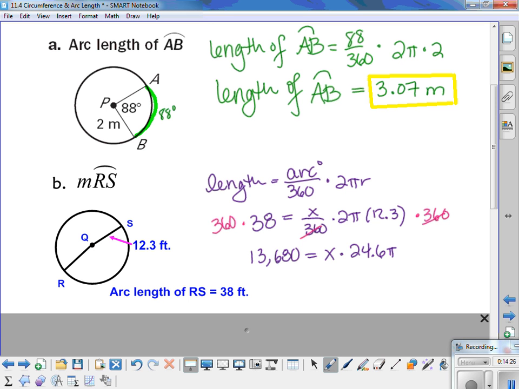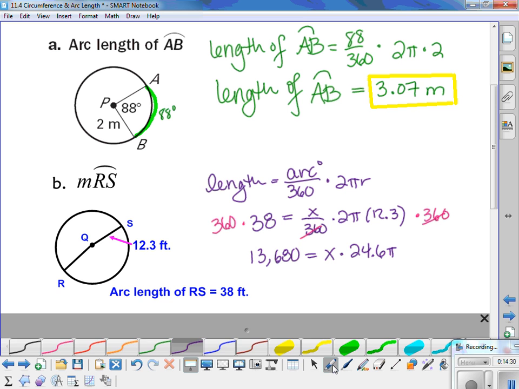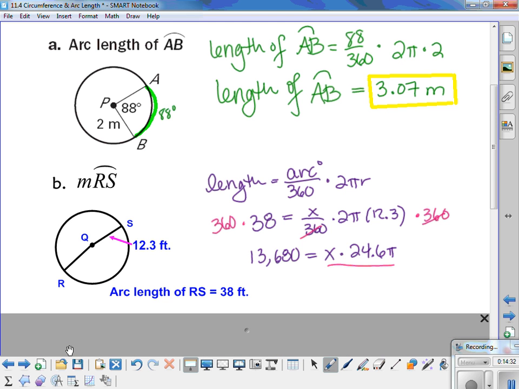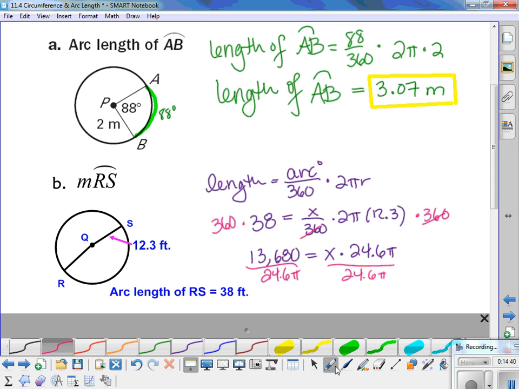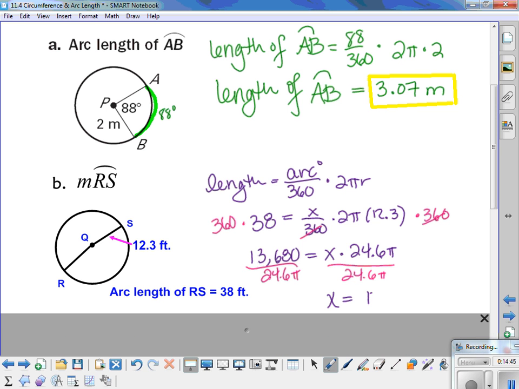I just doubled the 12.3. 2 times 12.3 is 24.6. So now I have to divide both sides by 24.6 pi. And so I get that x is equal to 177 degrees.